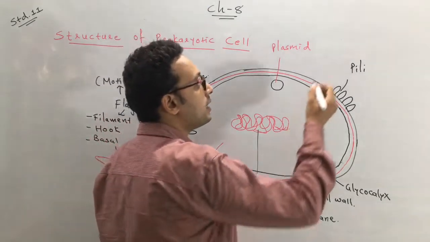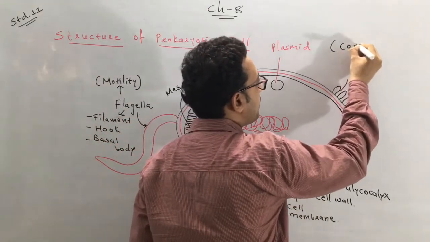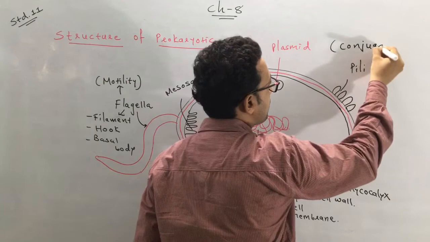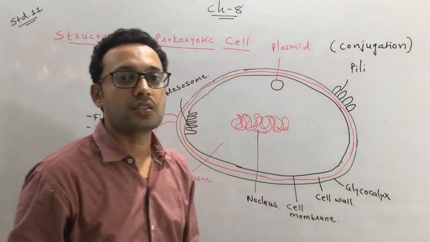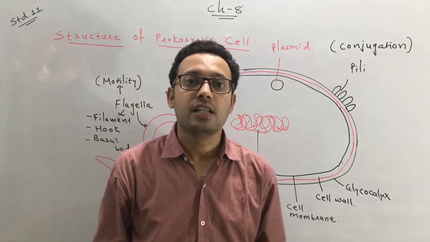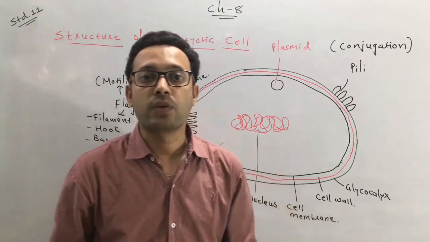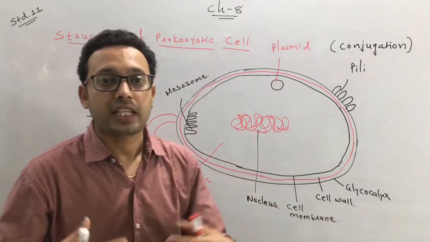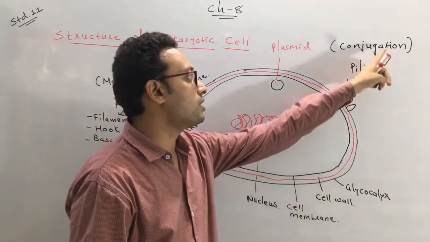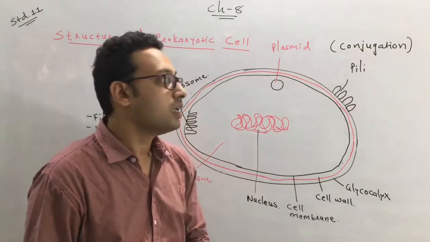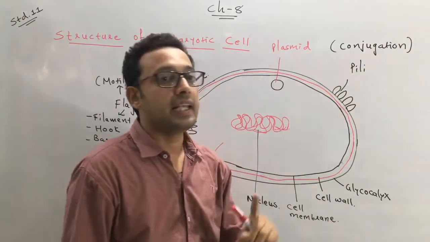And the pili has an important role in conjugation. In which process? Conjugation. A process where genetic material gets exchanged between two bacteria, or a formation of a bridge between two bacteria. That process is called conjugation, and conjugation is due to pili.